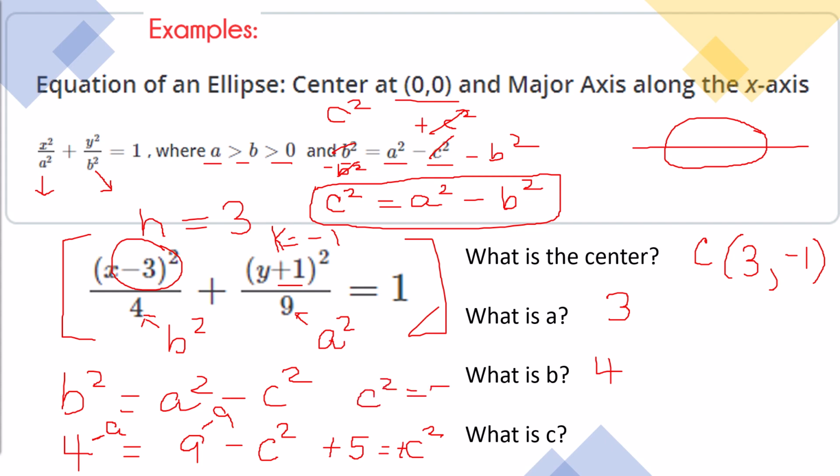Take the square root of both sides, and because we're talking about distance, we're only going to take the positive. So c is equal to square root of 5. What that means is whatever axis is our major axis, we're going to be moving away from the center square root of 5 units.